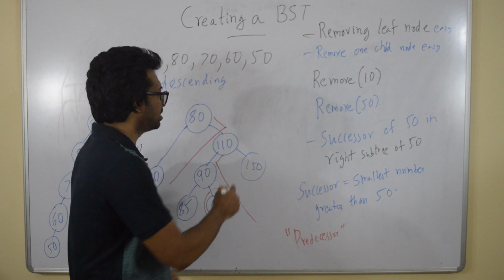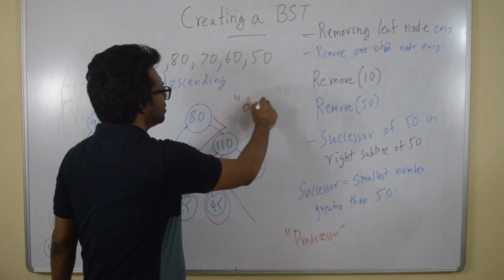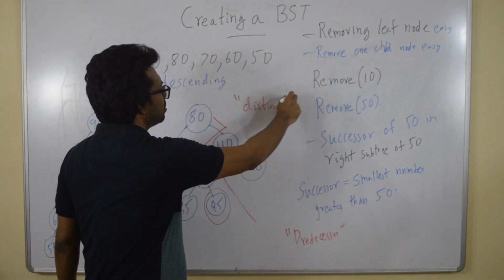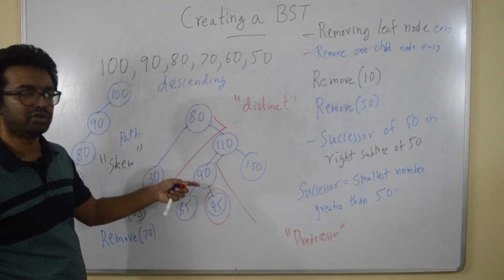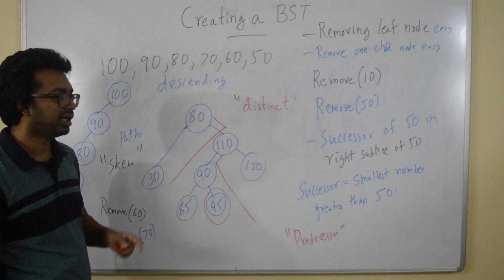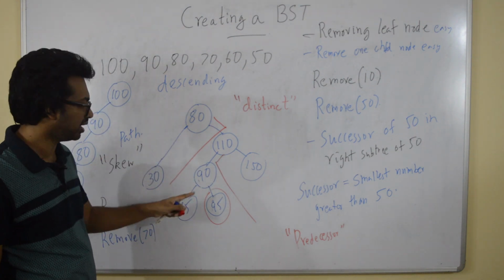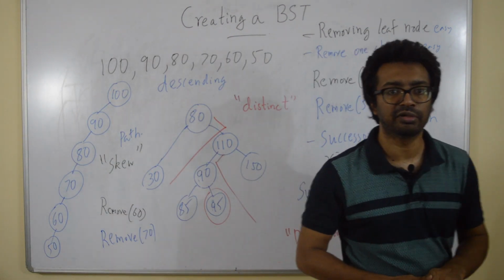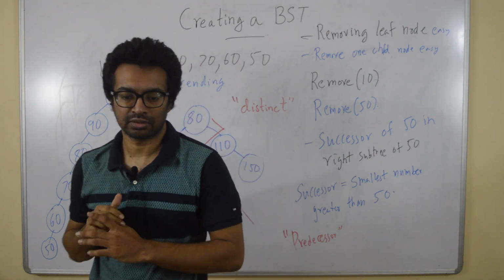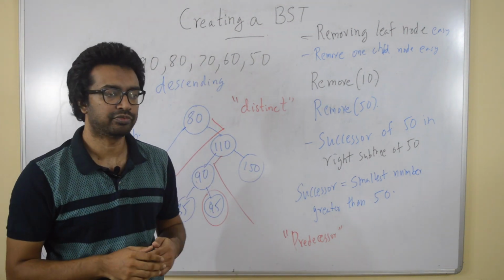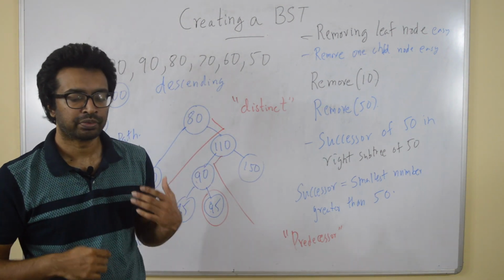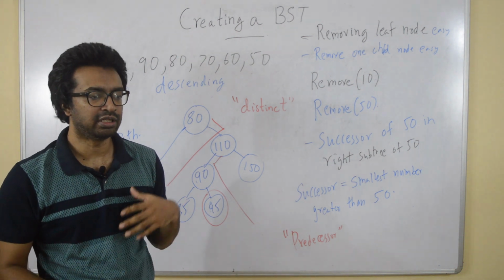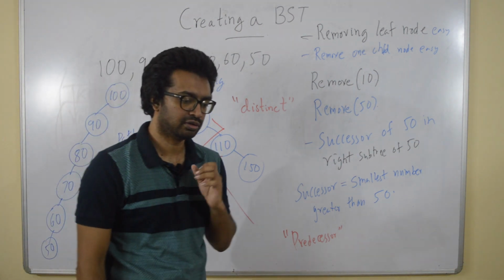So in a binary search tree, the numbers have to be distinct. What do I mean? In a tree, there are no two occurrences of the number 80. 80 appears only once, 90 appears only once, 110 appears only once. So in search trees, the key values have to be distinct, right?